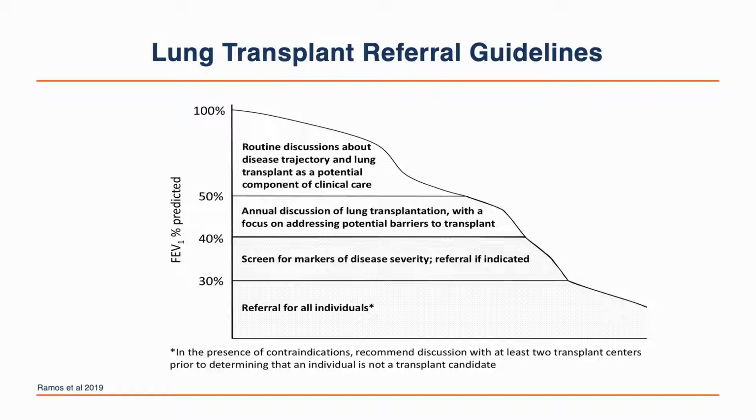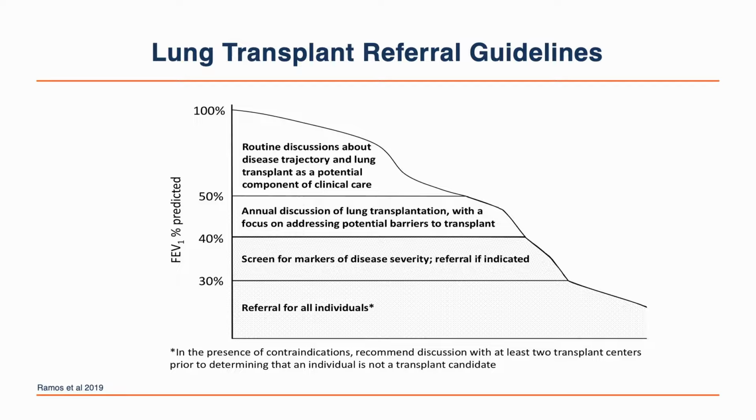for lung transplant evaluation. As a hard stop at the lower limit, the recommendation is that any individual with an FEV1 under 30% predicted should be referred for transplant, because we know that that group of individuals has a shortened survival.